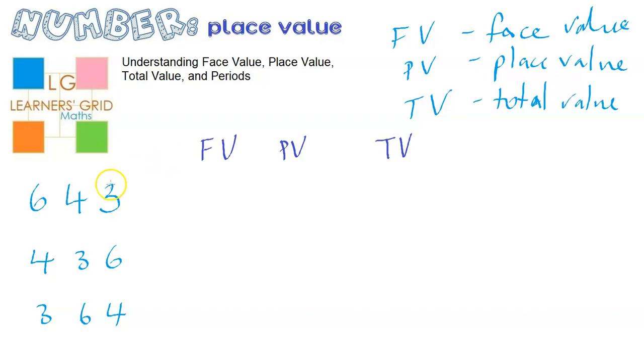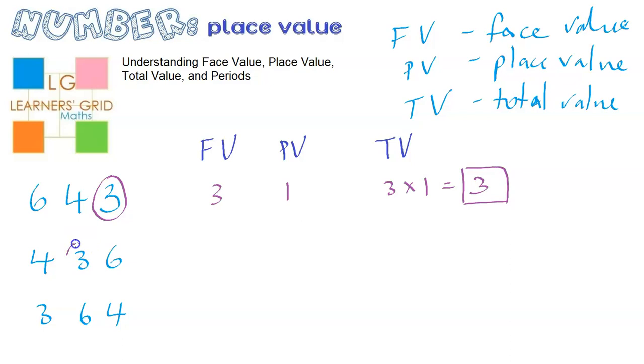If we look at the 3 in this number, 643, its face value is 3. Its place value is the 1s, so it's represented by a 1. And the total value is the face value multiplied by the place value, which equals 3. So the total value of this 3 is 3, because it's in the units column. Makes it kind of simple.